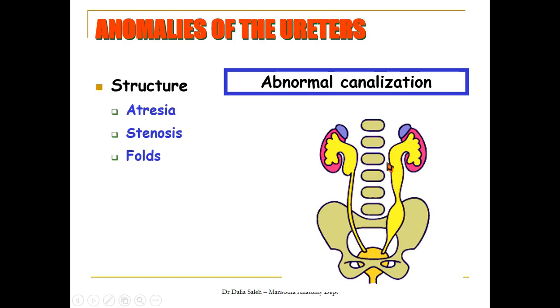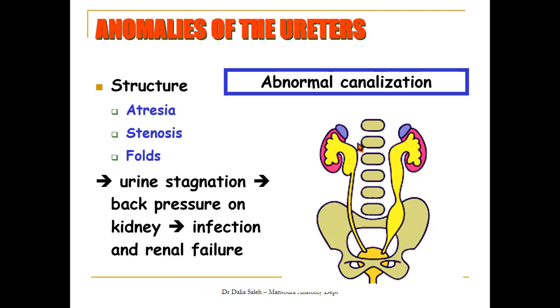Here you can see a stricture here or stenosis here. Because of the stenosis, the strictures, or the presence of the folds, urine will accumulate or stagnate at the upper segments, and there will be back pressure on the kidney, and this back pressure will lead to infection, and later on the patient might end up with renal failure.